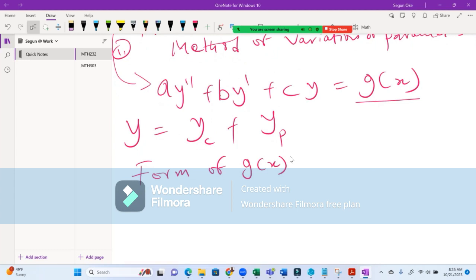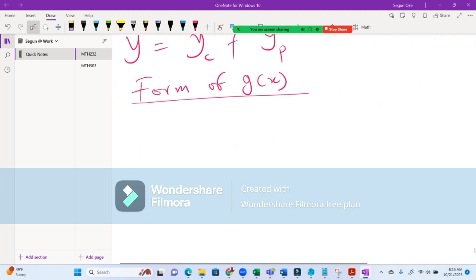What your g of x is will determine the model you are going to use for each of them. If your g of x is a constant, what do I equate the particular solution to? Let's look at it: if it is a linear polynomial, a quadratic polynomial, a cubic polynomial, or trigonometric.